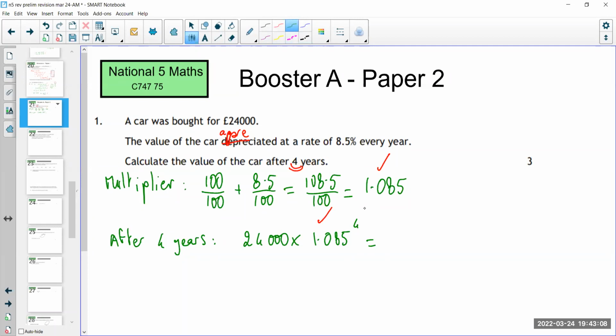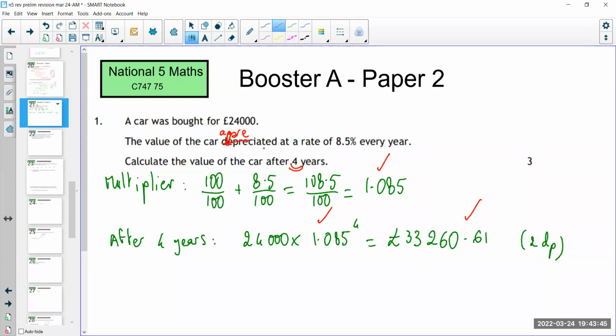And now you do the calculation, 24,000 times 1.085 to the power of 4, and I'm getting 33,260.60882. Because it's money, we've got to give it in 2 decimal places, even if they've not told us, which gives us 61. And that is the 2 decimal place. And you get your third mark.